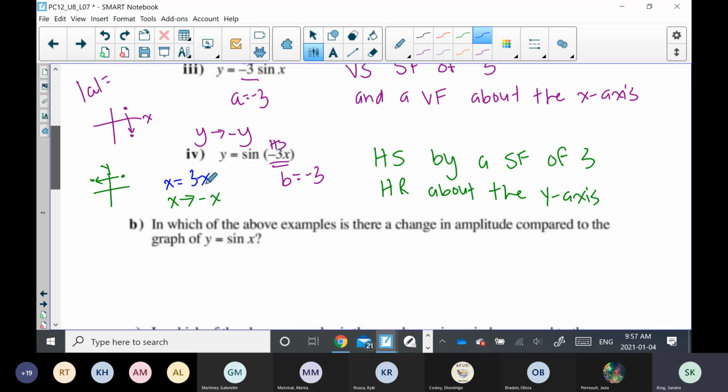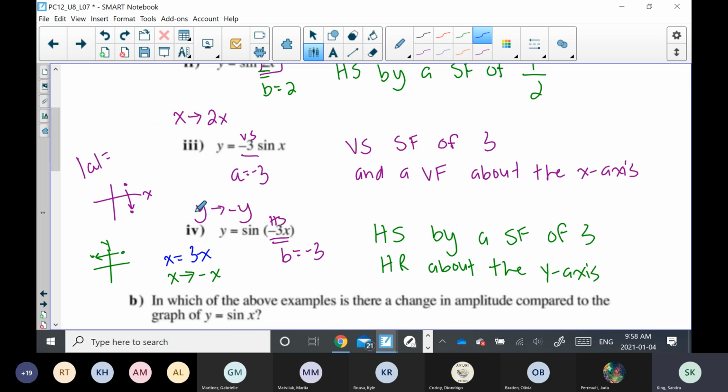This is your horizontal stretch, and that's your horizontal reflection. To do the same thing up here, this just takes care of the reflection. If I were to take care of this stretch, I would say y is being replaced with not 3y, it's the opposite, 1/3 y. That would be the replacement.